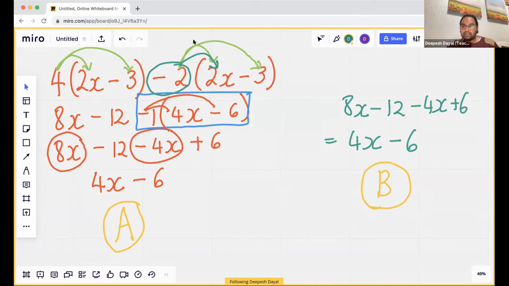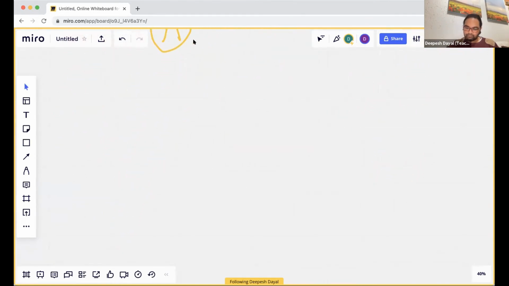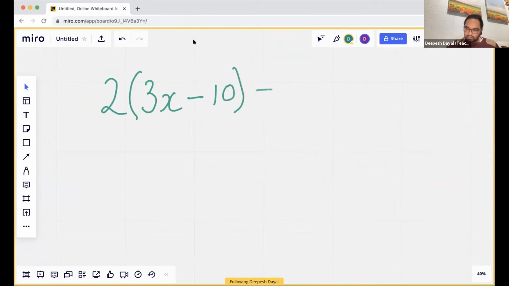We're going to do one last one. Let's have a look. Let's try this one. So we're going to say 2 times 3x minus 10 minus 4 times x minus 2.